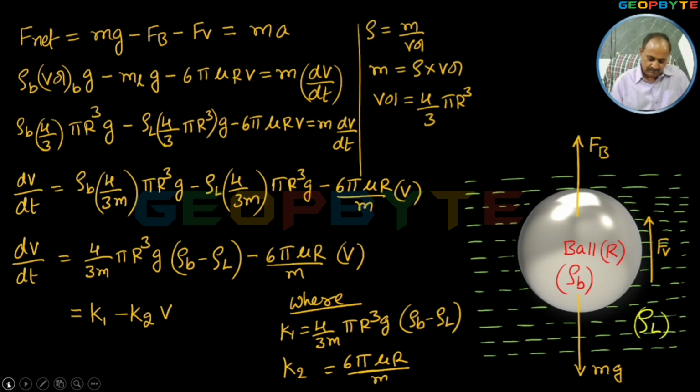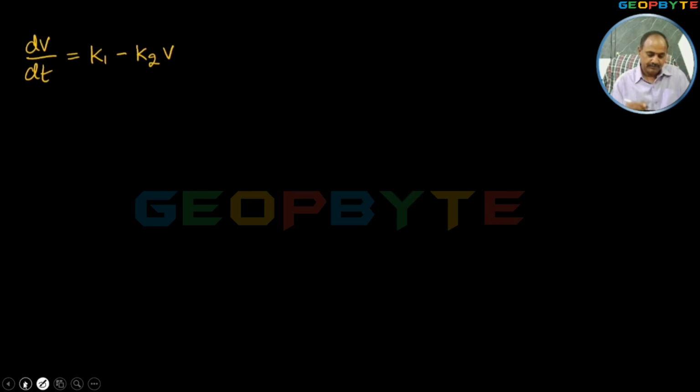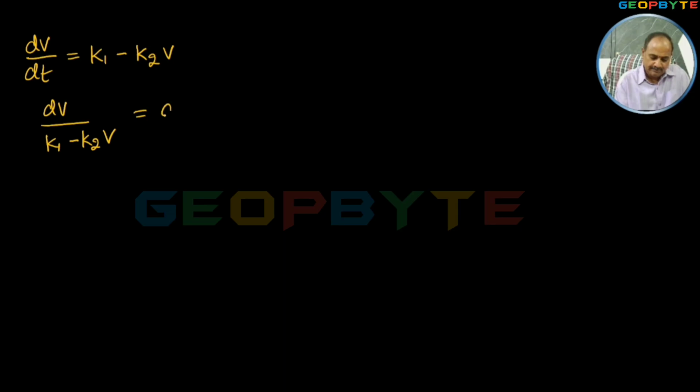Now let's take another slide. You got dv by dt equals k1 minus k2 into v. Correct? From this, I can also write dv by (k1 minus k2 into v) equals dt.